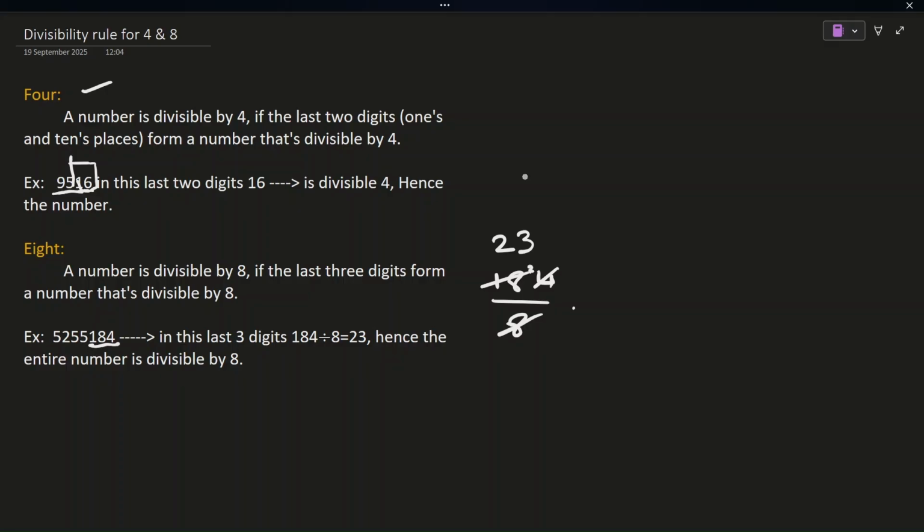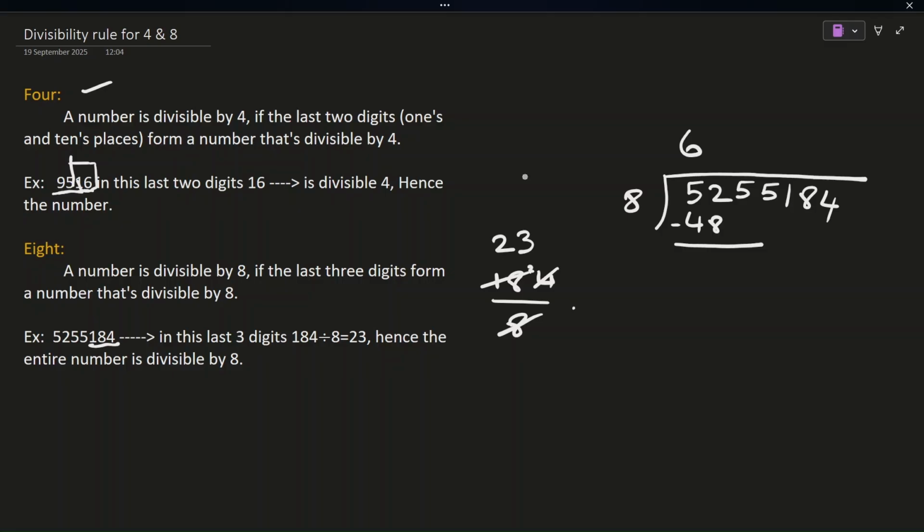Let us check whether that number is divisible by 8 or not: 5255184. Let us check whether this rule is correct or not. We will check the full number. First 5 we cannot take, so take 52. 6 eights are 48.